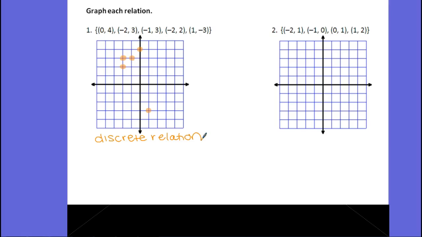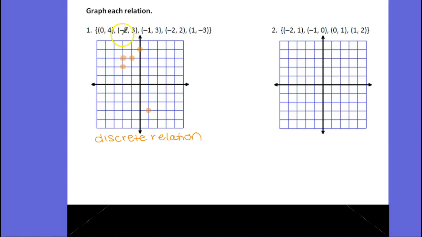I know we didn't talk about the definition yet, but is this relation a function? Yes or no? Thumbs up for yes, thumbs down for no. Let me see what we think. Okay, a majority of us are putting up no. This is not a function because it fails the vertical line test.